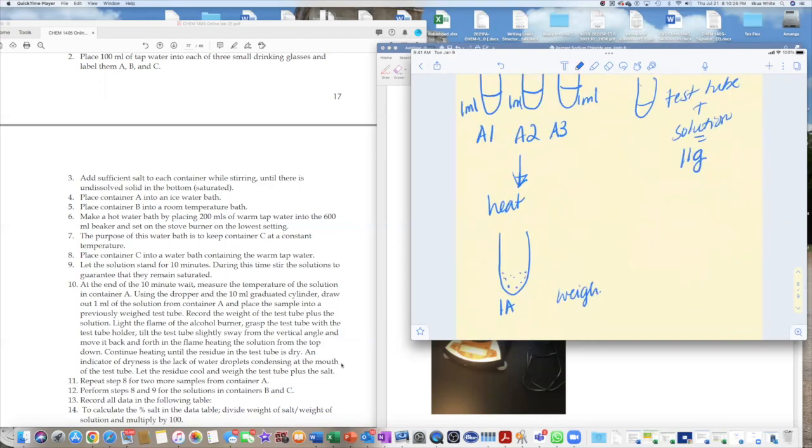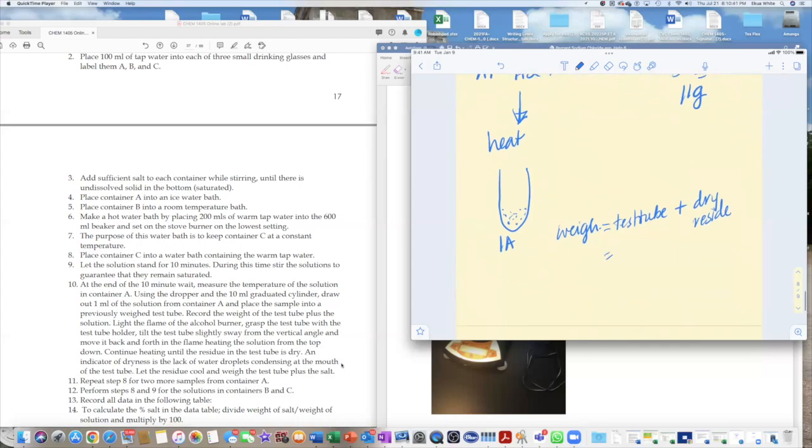And then when you're done weighing this sample, when you dry this out, you weigh test tube, this is the 3rd time, plus dry residue. So you weigh this and you get, let's say, 10.5 grams. Now you go to your table and complete the table.